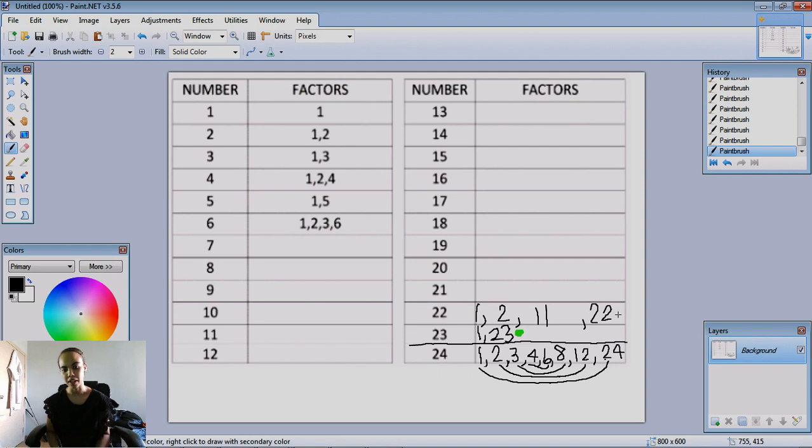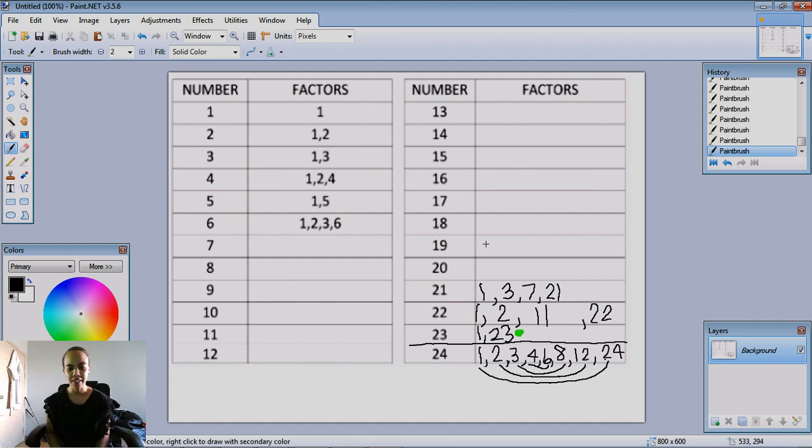This one's quite spread out. So 1 and 22, 2 and 11. Anything else? Nope. 21, we've got 1, 3, 7 and 21. So 21 has 4 factors.